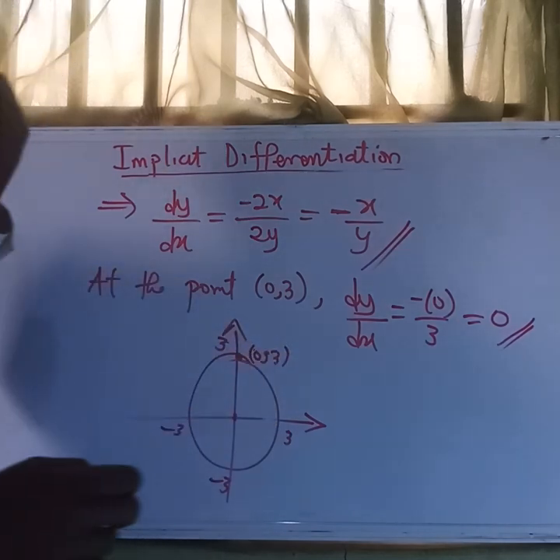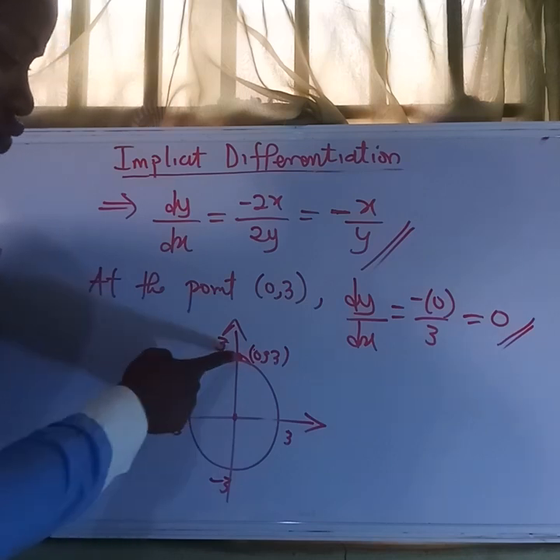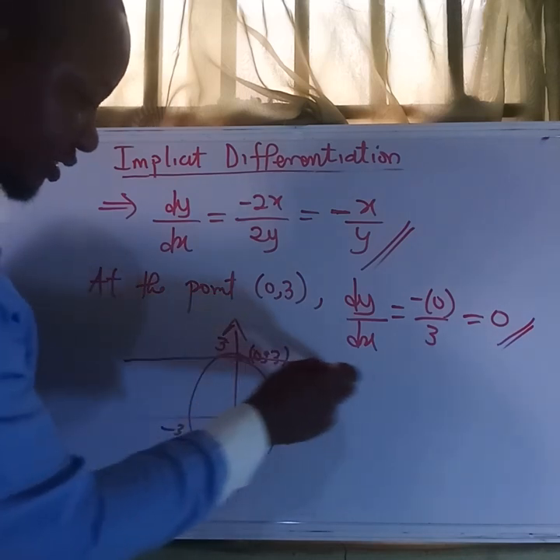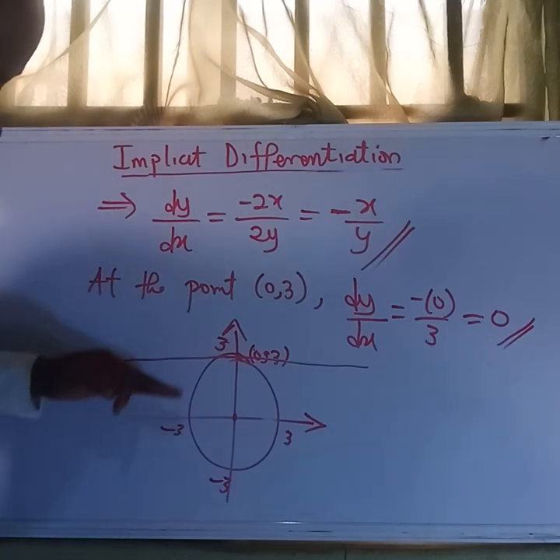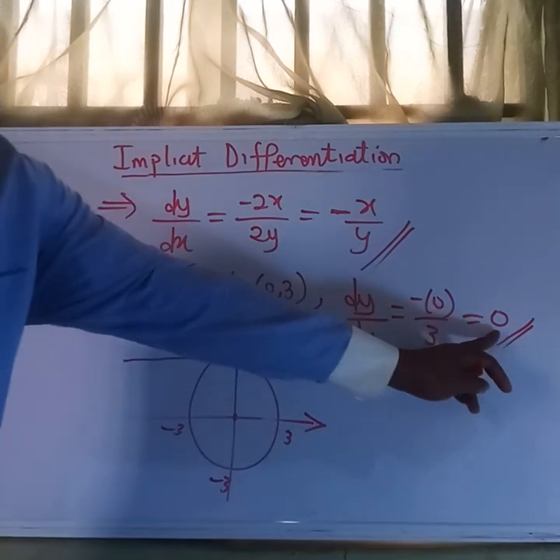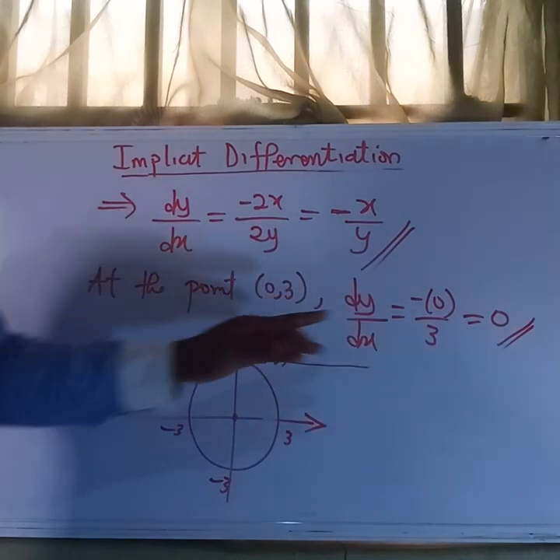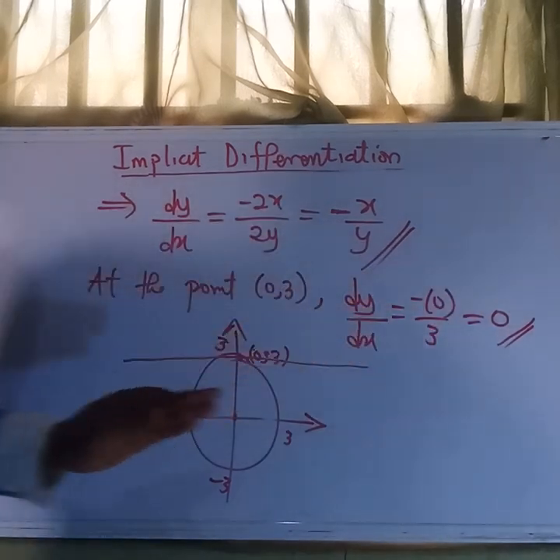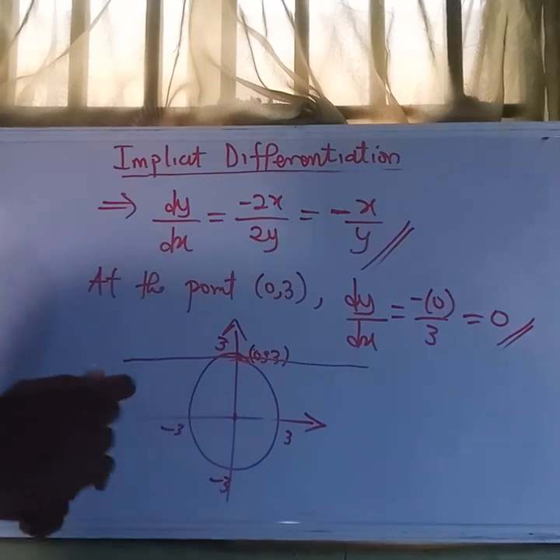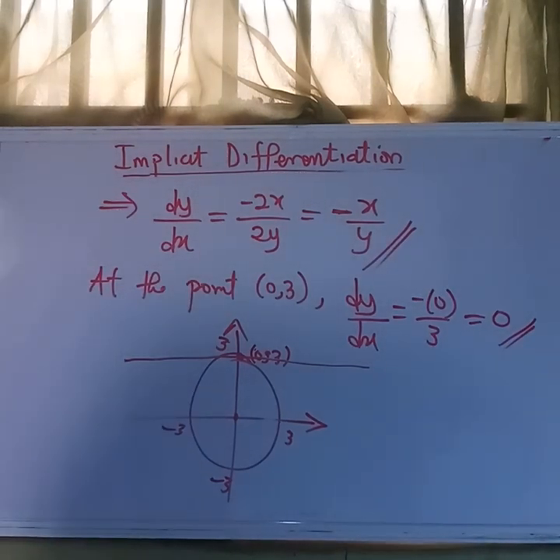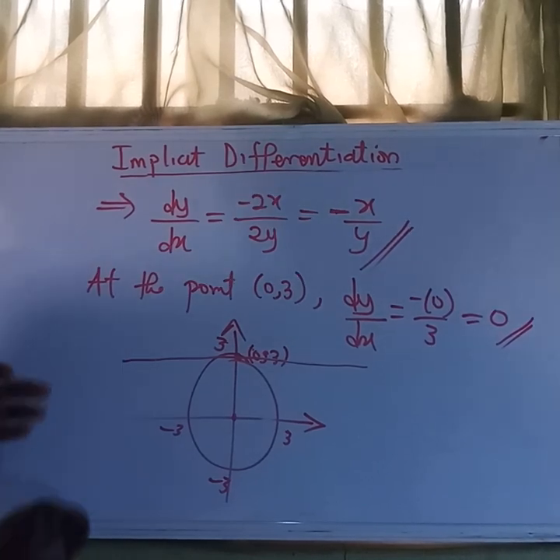The tangent line that passes through this point is this line, and as you can see on the graph, this line is parallel to the horizontal axis. That's why the slope is 0. It is not sloping; if it were sloping, we would have a number not equal to 0. So that's how we apply this method to solve a problem of an implicit function.